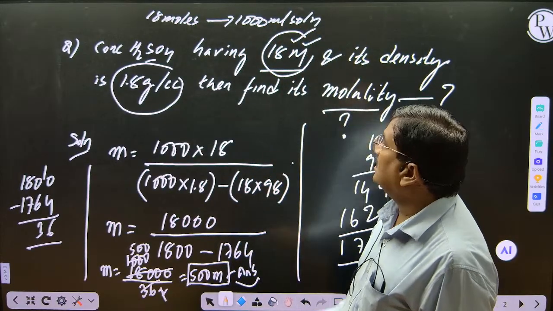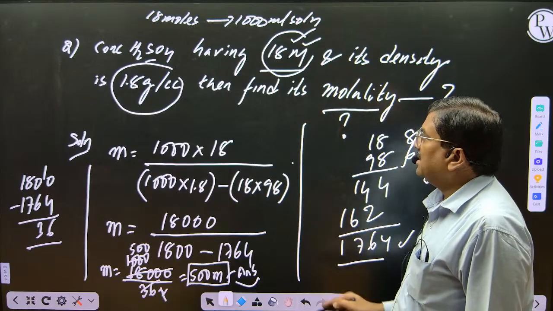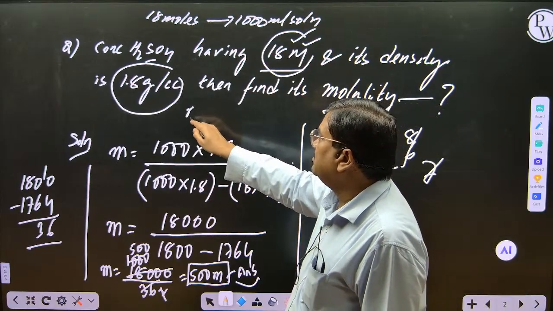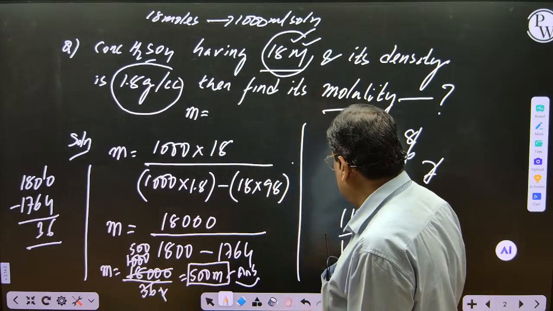Correct. Now see, density is given, but to get molality we want the mass of solvent. I will write it on the next page.